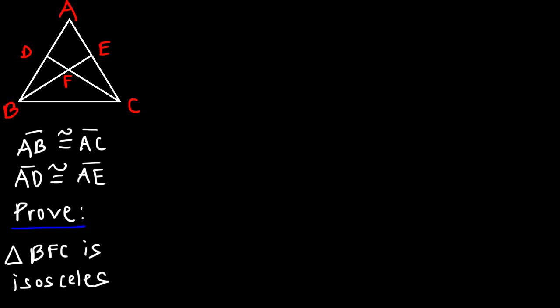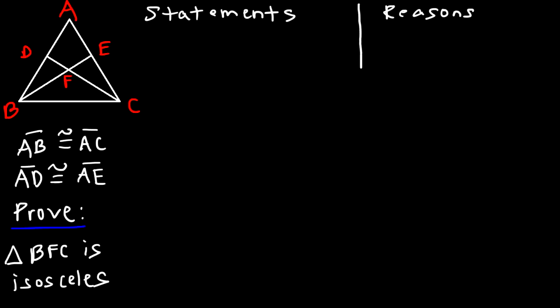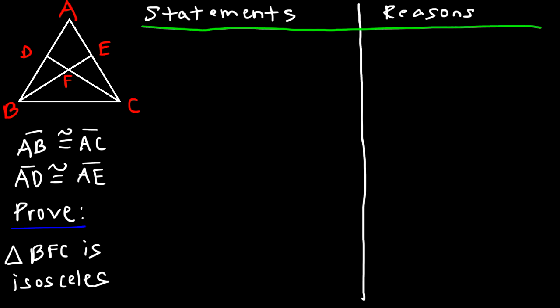So you're going to have to find a way to prove that 2 sets of triangles are congruent. This is going to be a long one, so you want to make sure that you have plenty of space to do this. Feel free to pause the video if you want to try it first before watching the answers.